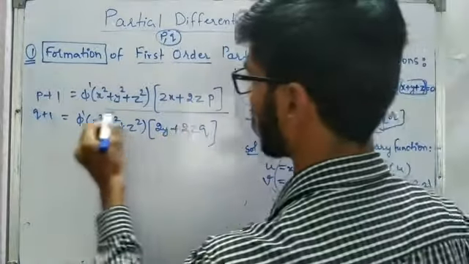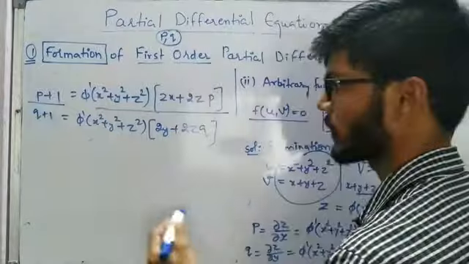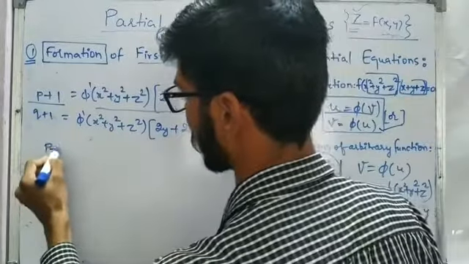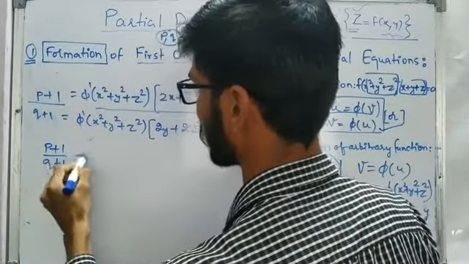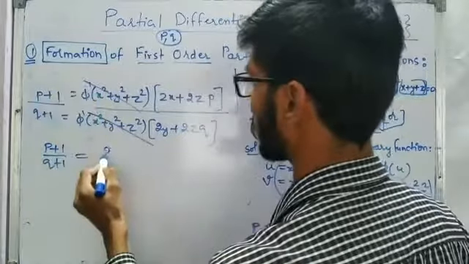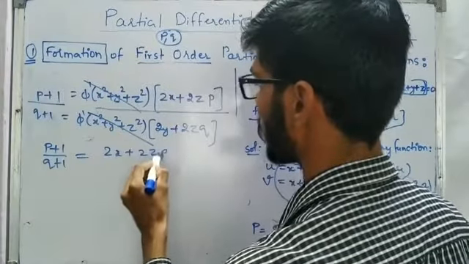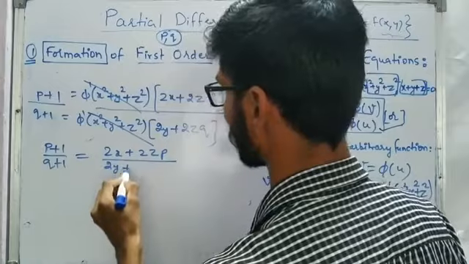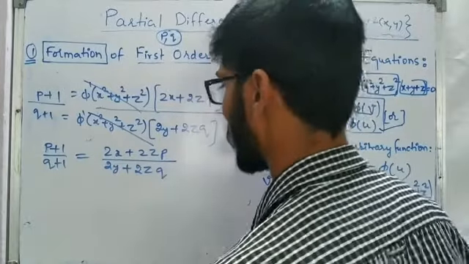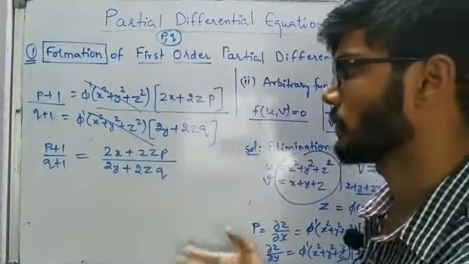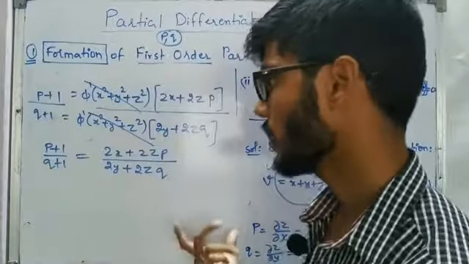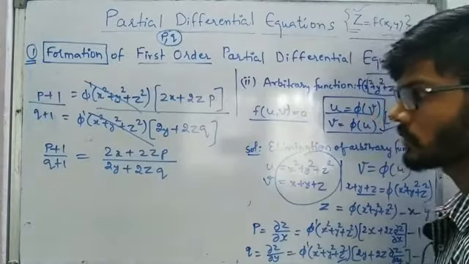Now if we divide these two expressions, we are going to cancel the phi dash term, so p plus 1 divided by q plus 1 is equal to 2x plus 2zp divided by 2y plus 2zq. Now you have to simplify this, write p and q terms together, and z terms on the right hand side.